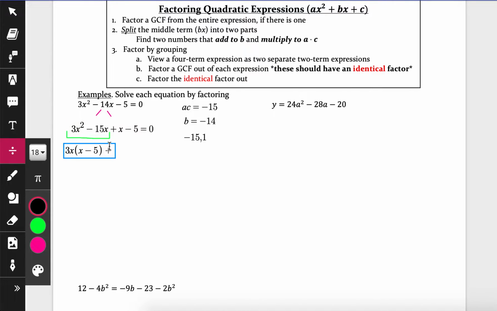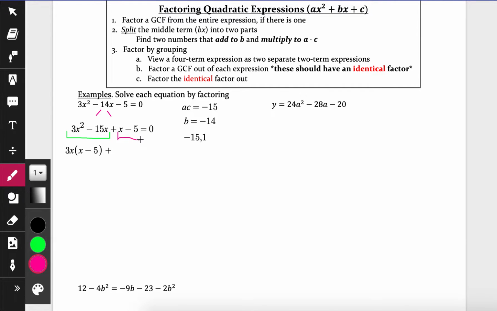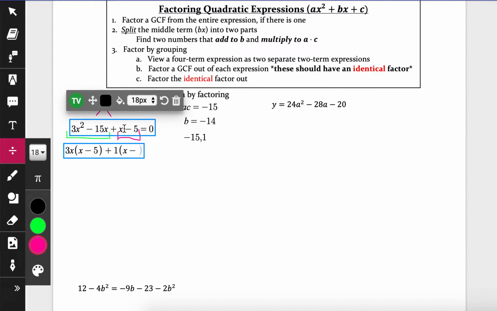So I'm going to copy down this plus sign, and now I'm going to look at our next two terms right here. I'm going to look for anything in common that I can factor out, and there is not anything, so I'm just going to factor out a 1. Factoring a 1 out of here, I'm left with x. A 1 out of here, I'm left with negative 5. So we haven't really changed anything. We just pulled a 1 out.